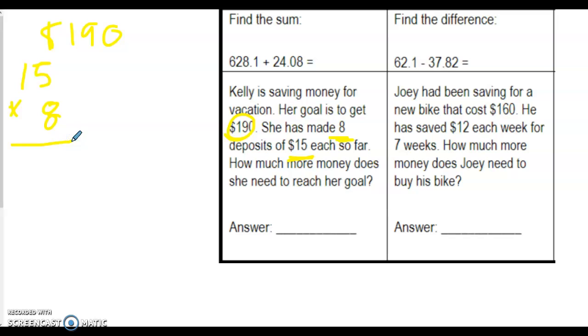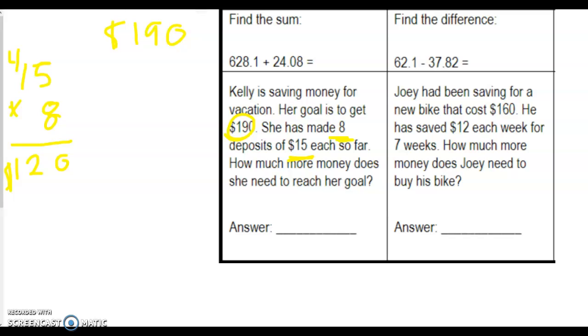So I have 8 times 5, which is 40. Carry my 4. And I have 8 times 1, which is 8, plus 4. I can count by 2s, 8, 10, 12. Okay, so how much money has she saved so far? $120.